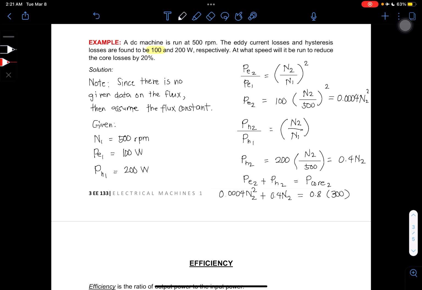To simplify, so simplify nato. So our N2 will be, shift solve sa calculator para mas madali, we have 422 RPM. So this will be our final answer for the speed sa core loss para mo-run o maka-reduce by 20%.